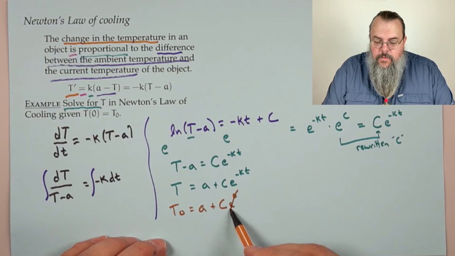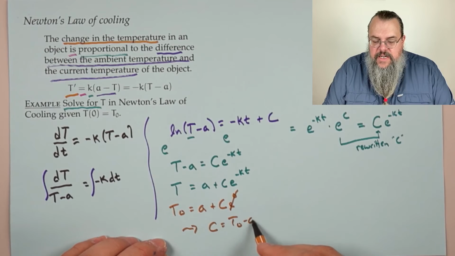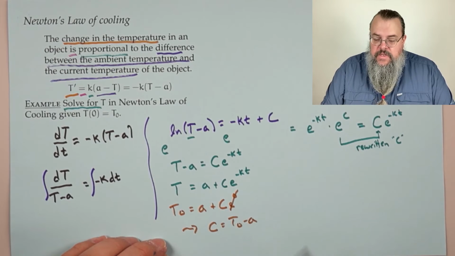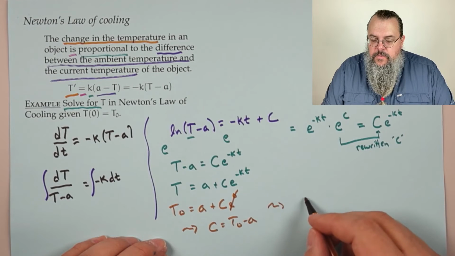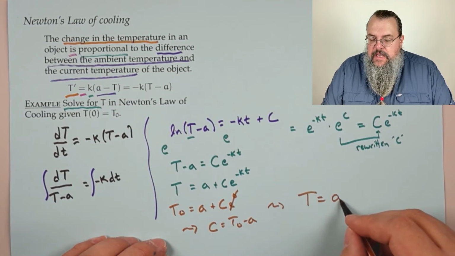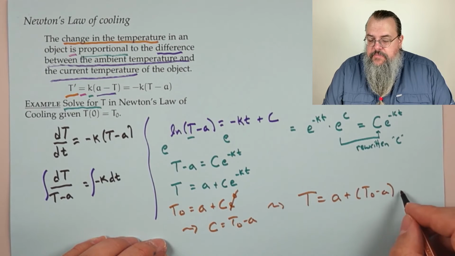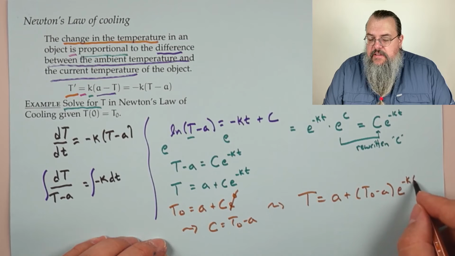Well, e to the 0 is 1, so that tells us that C is T0 minus A. And now we get T is A plus (T0 minus A) e to the minus k t.